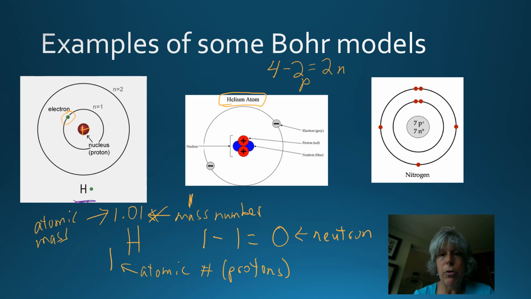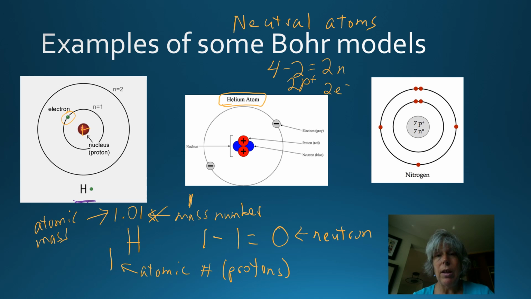So we've got 2 protons and 2 neutrons in the middle, and then these are neutral atoms, meaning that we have equal numbers of protons and electrons. So if we have 2 protons for helium, we also need to have 2 electrons. Protons are positive, electrons are negative. In a neutral atom, the numbers will add up to 0. Positive 2 and negative 2 adds up to 0.